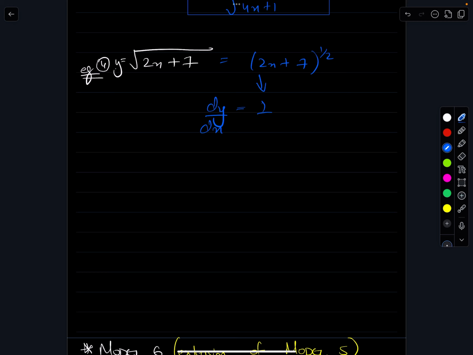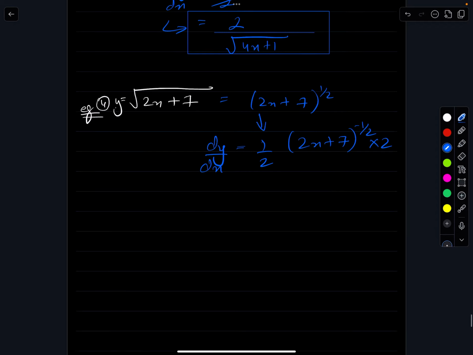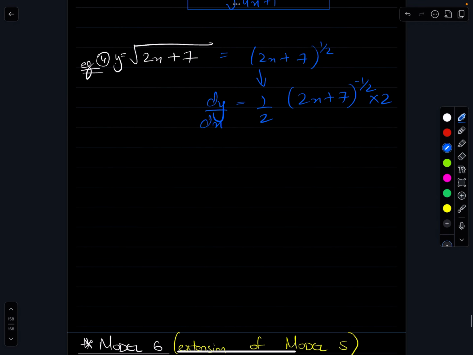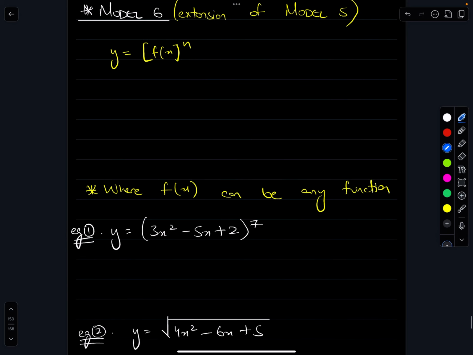The first step is bringing the power down, reducing the power of the bracket by 1, and multiplying with the differential of the bracket. Half into 2 is 1, and our dy by dx turns out to be 1 over root 2x plus 7. And this is going to be our answer.